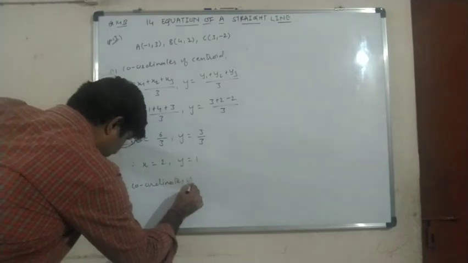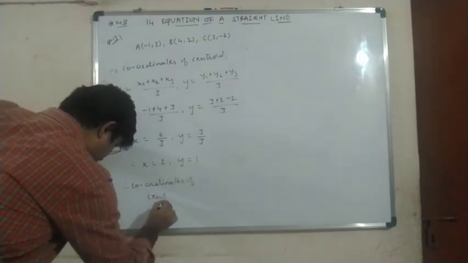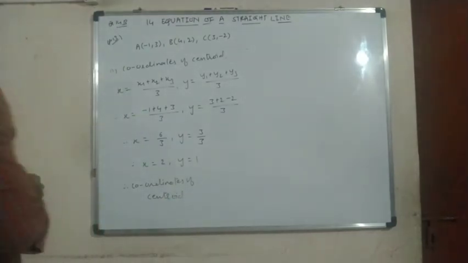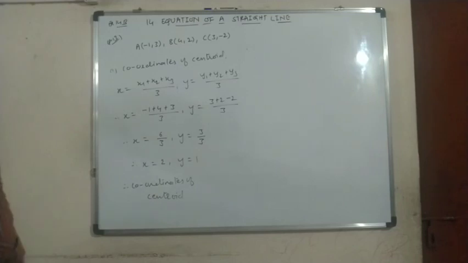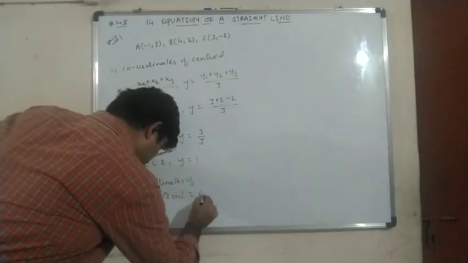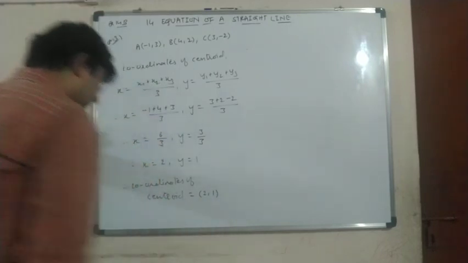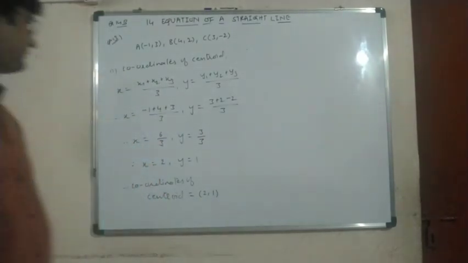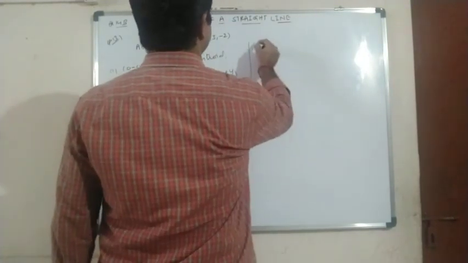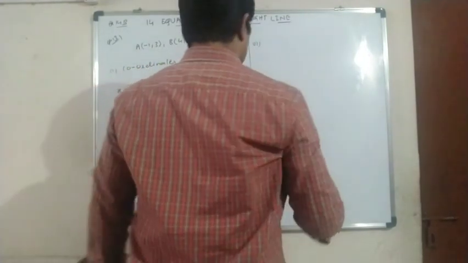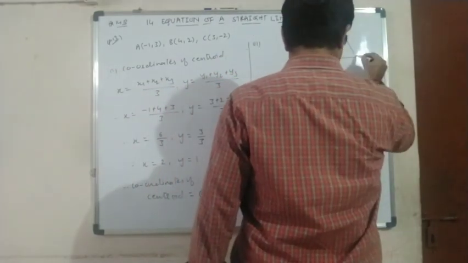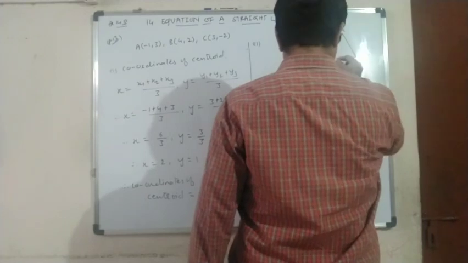will be 2, 1. Clear? So this is the first answer. Now we will find out the second answer. Okay, let us draw the figure and try to understand with the help of a rough figure.